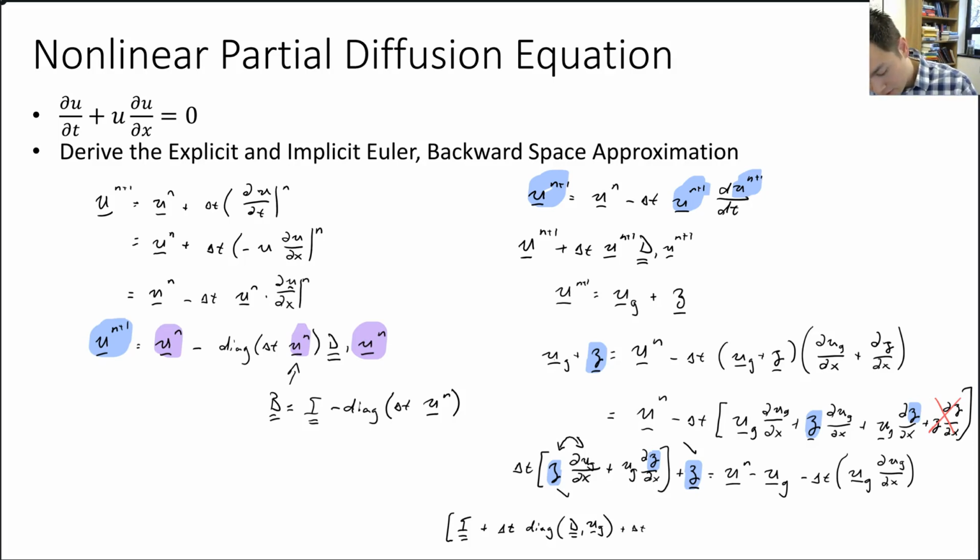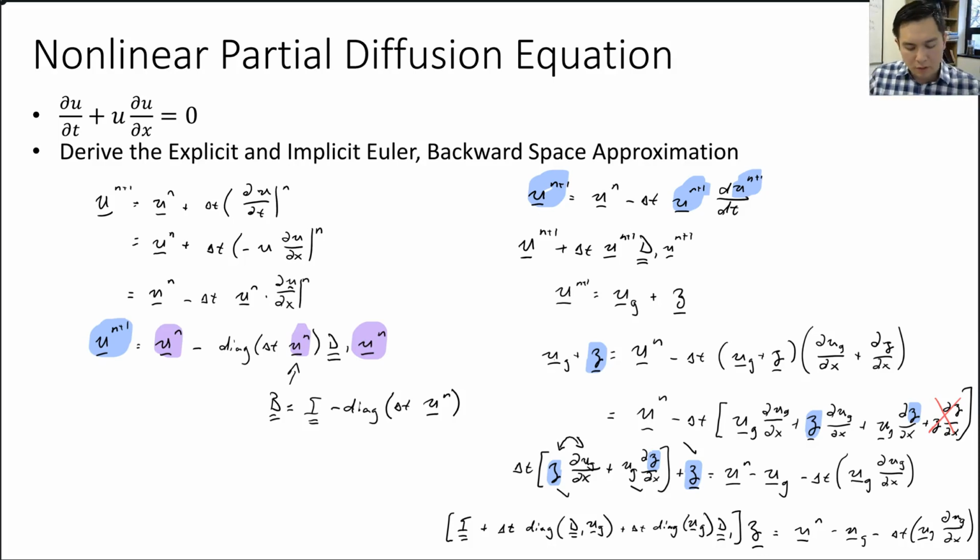Plus delta t times the diagonal of my ug vector times my D1 matrix, all times my correction. That'll take care of that term here. And then the right-hand side, we, again, don't have to be as specific in terms of how we would rewrite this to get it into matrix form. So we'll just continue to u^n minus ug minus delta t times ug times dug dx.